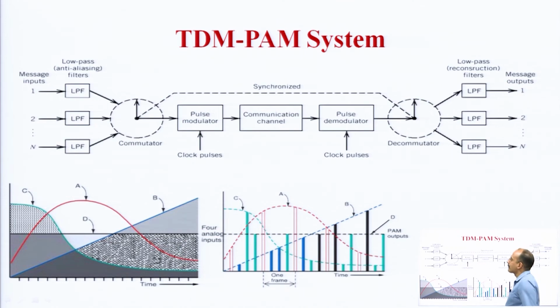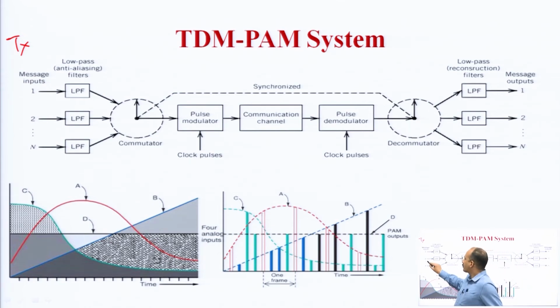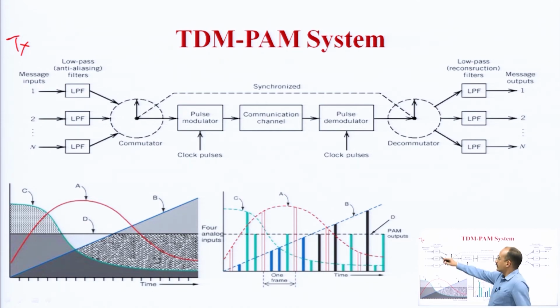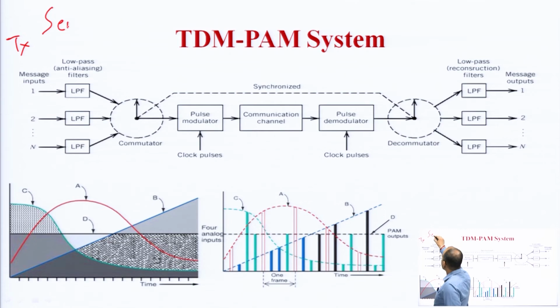Here, this is the transmitter part of the telemetry system. You are getting the various message input 1, 2, 3, 4, 5 up to n. These input messages are coming from various sensors.